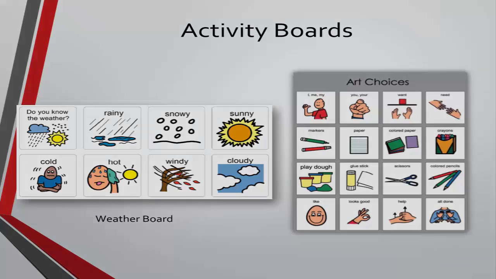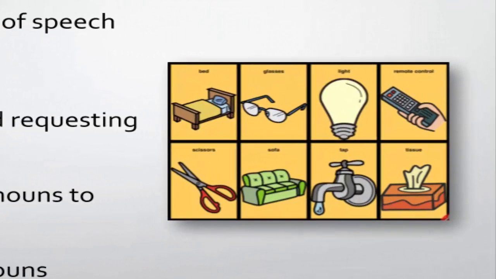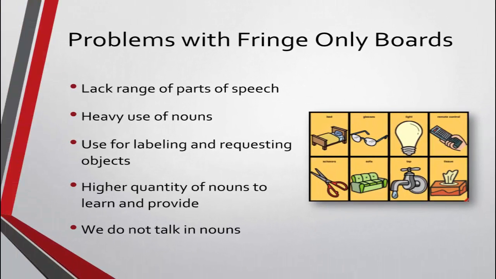What if I gave you this overlay? How happy are you? I mean, basically, you might be happy to say you want the remote control, I mean, the couch, maybe I want to take a nap. That is no fun. Like, if a kid came up to another kid, they can't talk back and forth. That is no fun. That's not motivating. We don't talk in nouns.